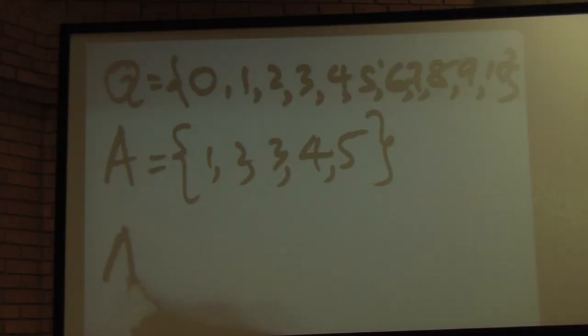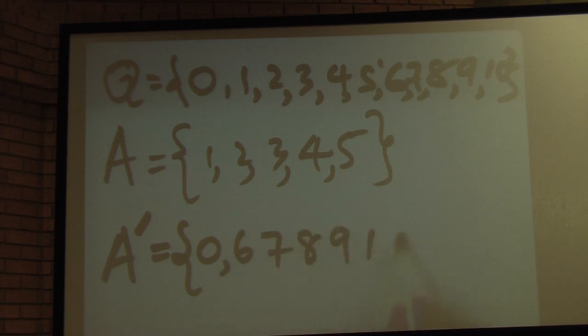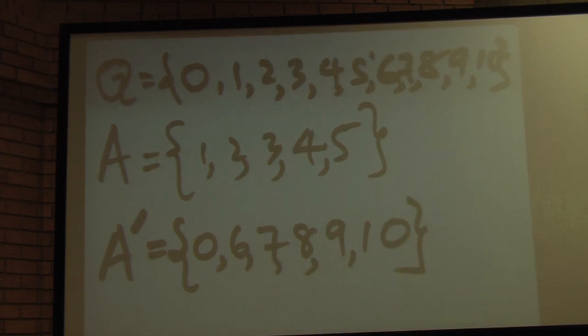So A complement, we use that symbol in mathematics, would be the elements not found in set A: 0, 6, 7, 8, 9, 10. A complement means elements that are not found in set A.